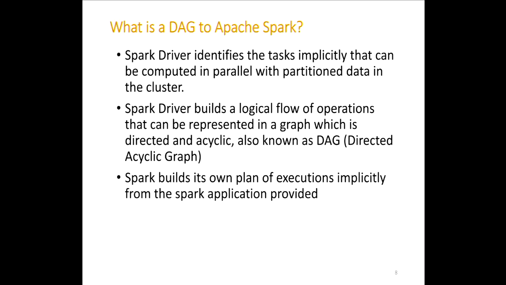Using this, the driver is going to build a logical graph, a logical flow of the operations. The first operation is loading the file into the RDD. The second operation is mapping, splitting, let's say it's a text file, splitting this text file into words.